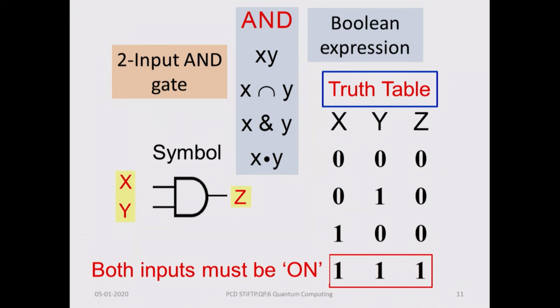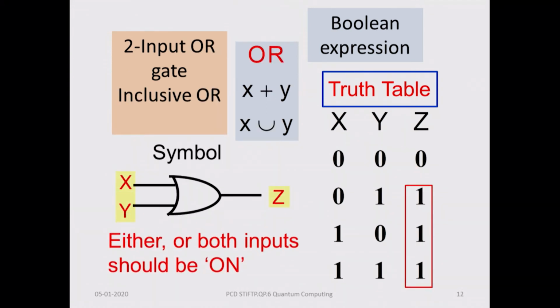Then you have the AND gate, the 2 input AND gate. So it requires 2 inputs, and the output of the AND gate would give you the truth value 1 only if both the inputs are 1, not otherwise. Okay, so that is the necessary condition to get the truth value 1, otherwise it is always 0.